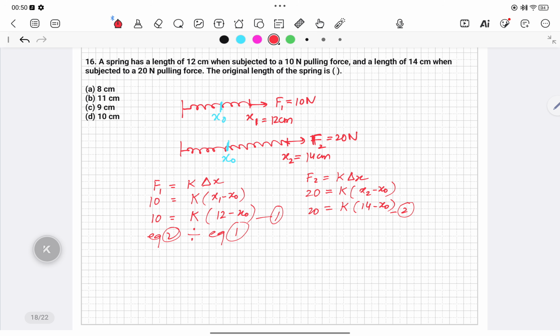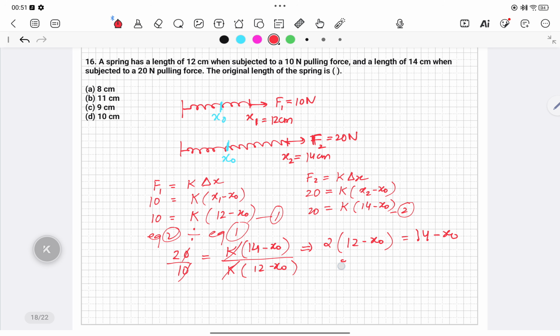So we will get 20 divided by 10 is equal to k into 14 minus x naught divided by k into 12 minus x naught. So this k gets cancelled and this will become 2 into 12 minus x naught is equal to 14 minus x naught.